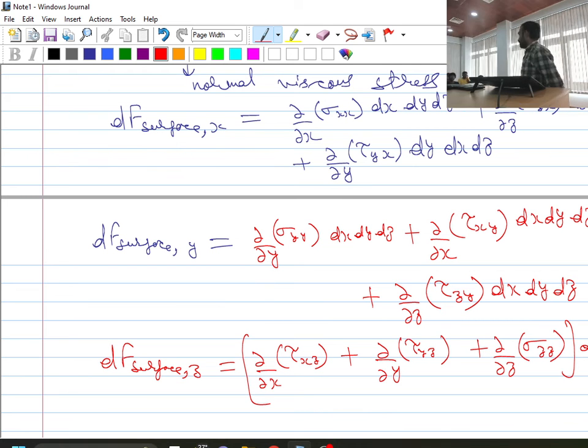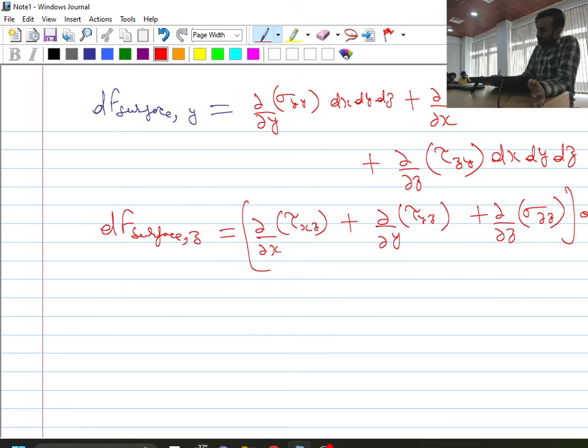Is the point clear? So we have accounted for all the surface as well as the body forces. Once we have accounted for all of them, I can write my momentum equation as follows.